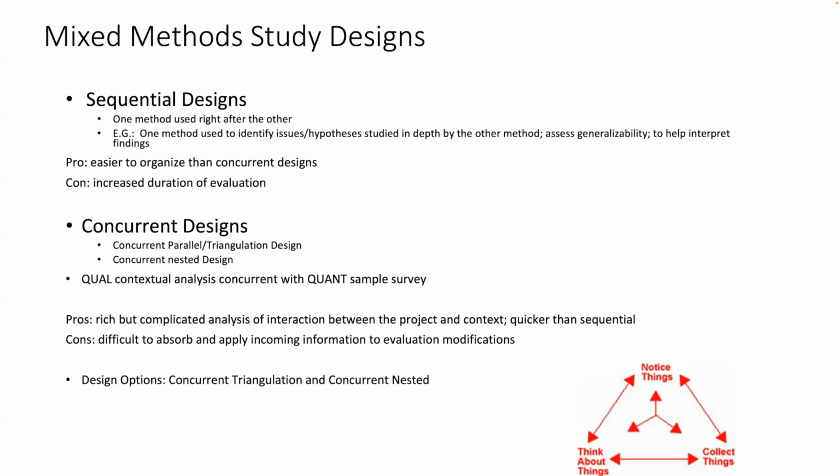So it's really kind of interesting. It makes it a little bit longer. That's why I say if you don't have a lot of time to do this, you might want to do something that is concurrent rather than sequential, because of just the time consideration.